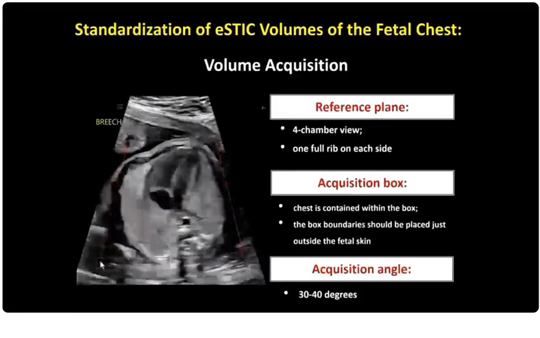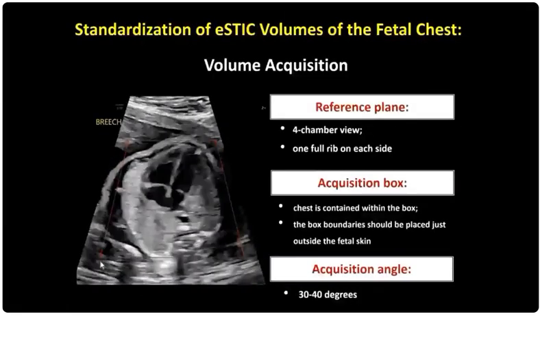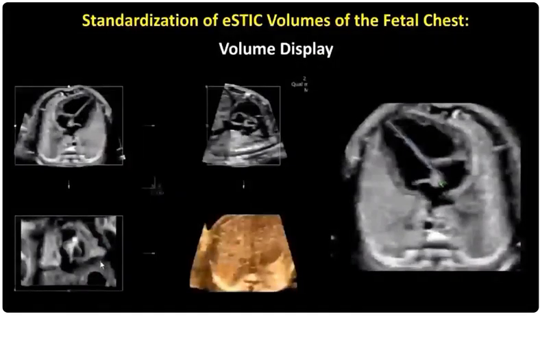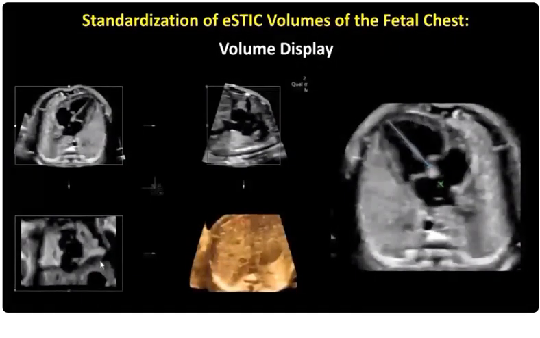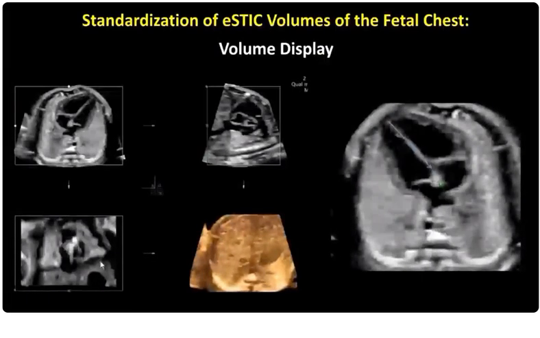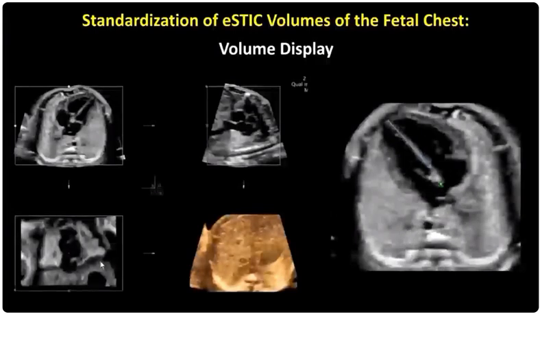This is how you do the acquisition, like any volume of the baby's heart, and then the ultrasound system is smart enough to recognize the four-chamber view and place it in the appropriate position.